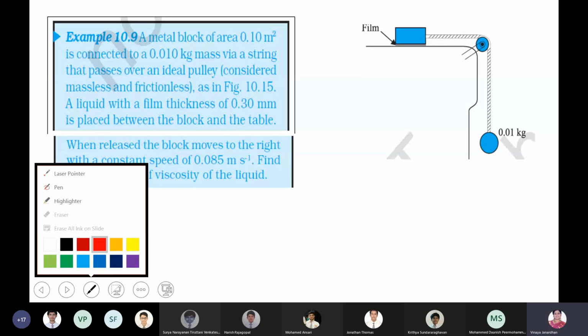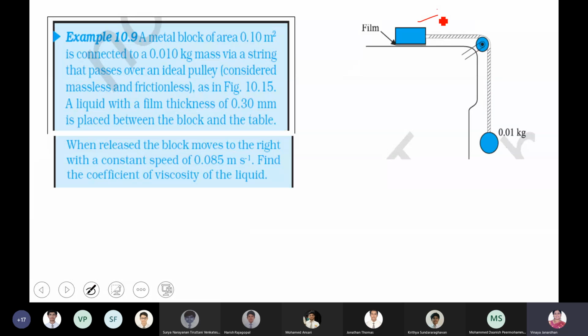A metal block whose area is 0.10 meter square is connected to a mass of 0.01 kilogram via a string which is passing over a frictionless pulley. A liquid with a film thickness of 0.3 millimeter.